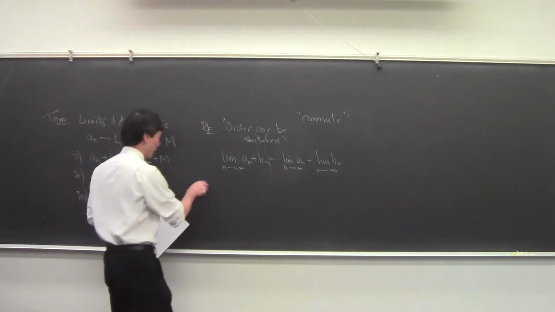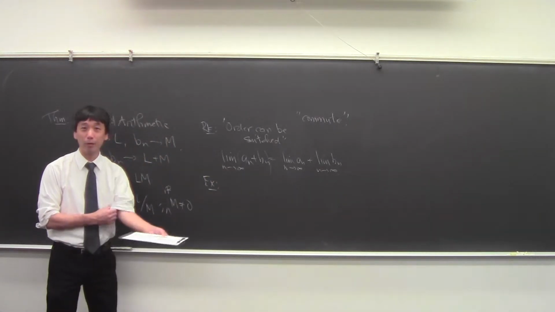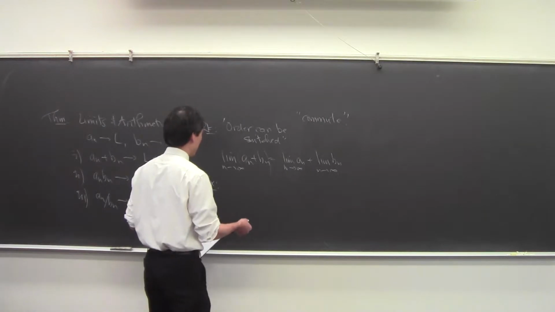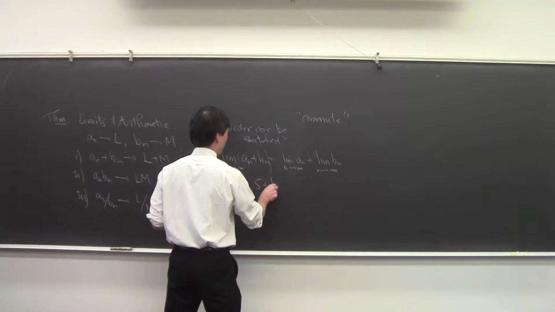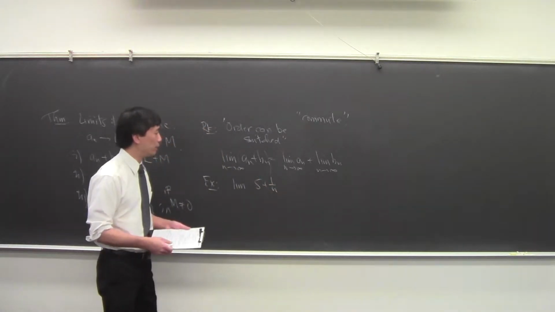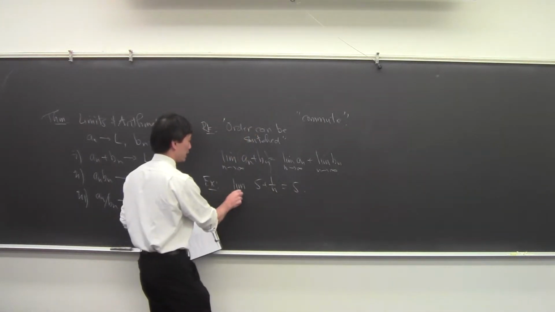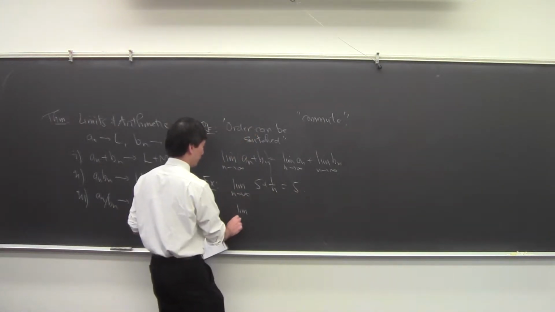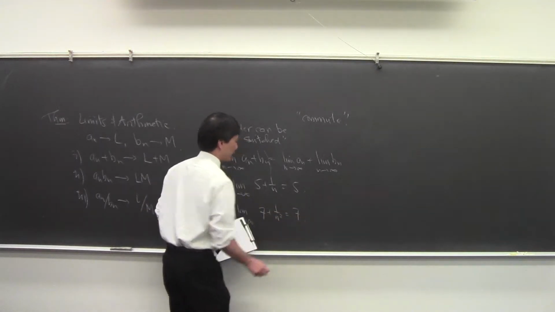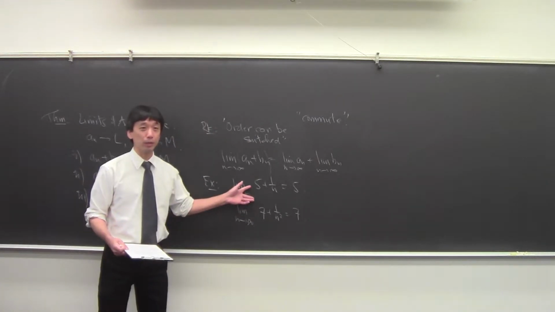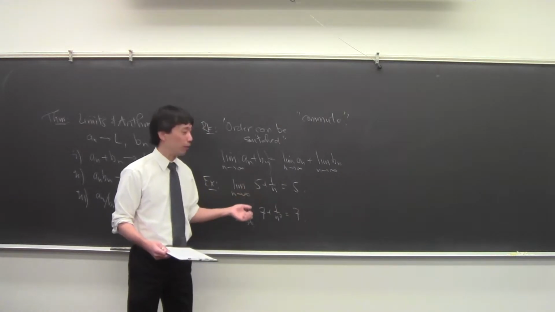And just to give you some sense of the power of this, what this says is something like this. We saw that the limit of 5 plus 1 over n was 5, right? It would be just as easy to see something like the limit of, say, 7 plus 1 over n squared equals 7. Okay, you could show those things using epsilon-N arguments if you wanted.